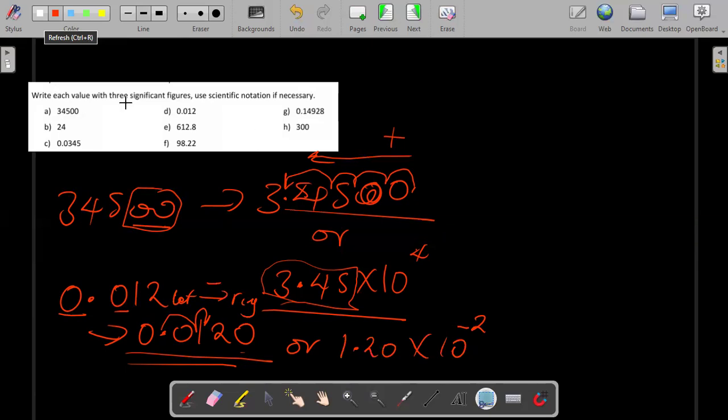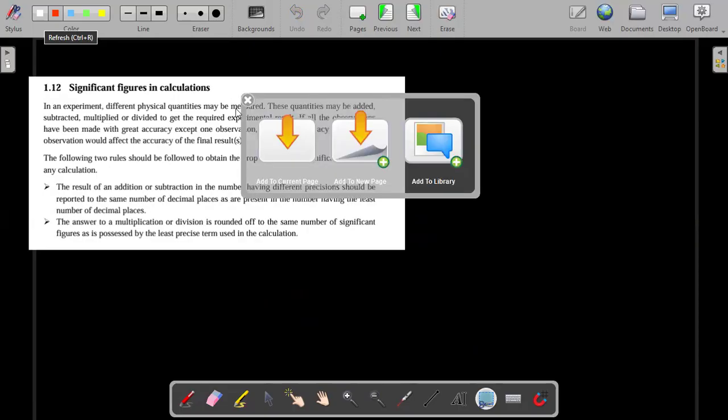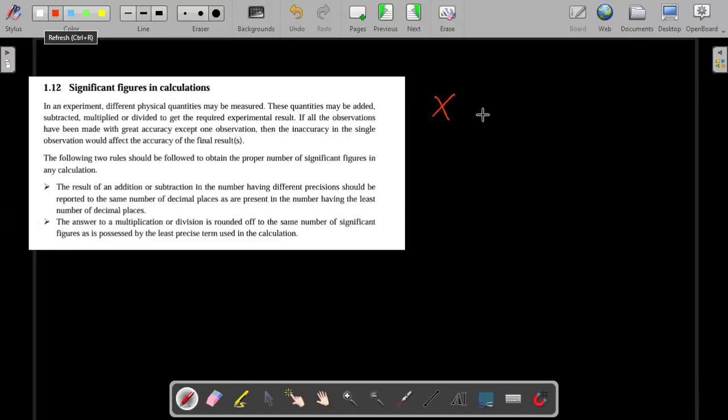So the last part is how you use these significant figures when you're doing calculations. So when you are multiplying or dividing, then when you are subtracting or adding, so let's apply our rules of significant figures.